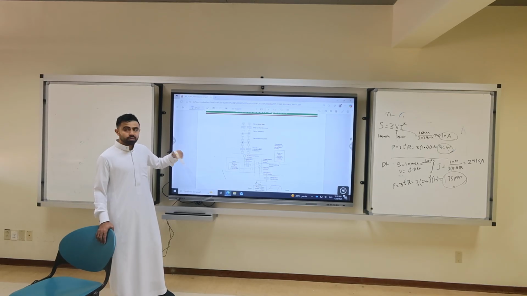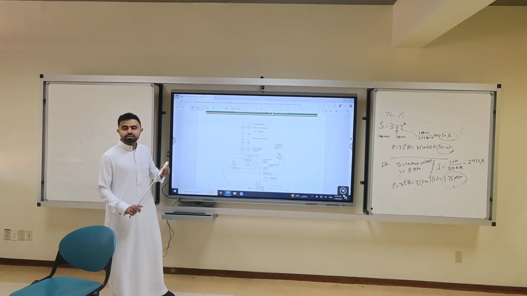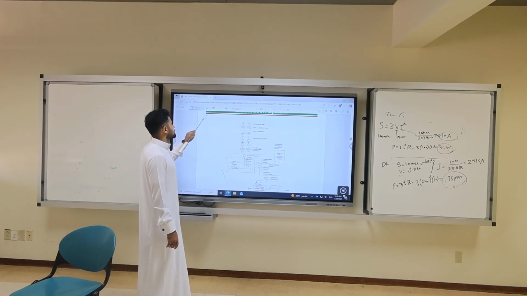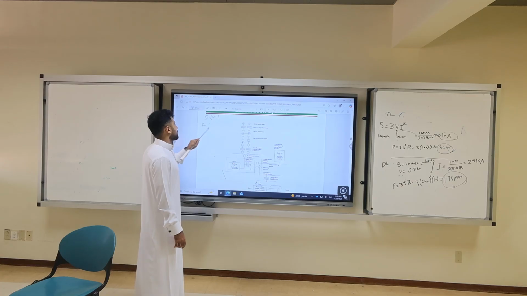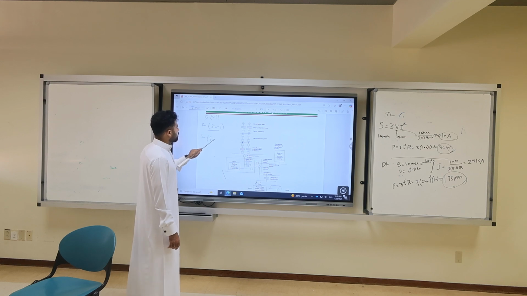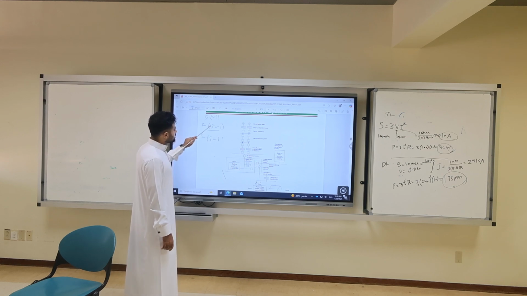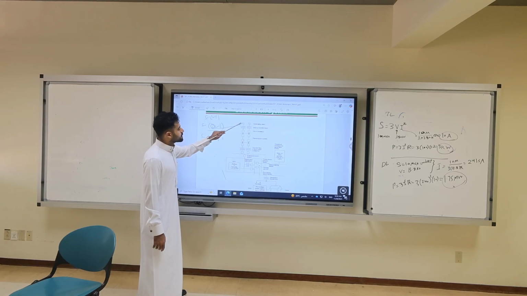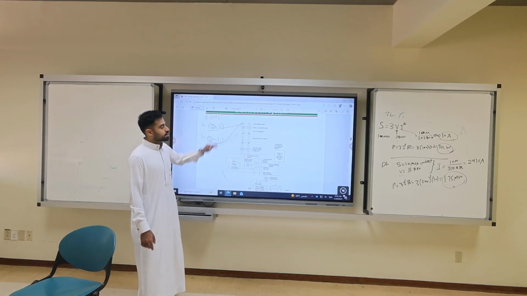Do you remember the harmonics in 207? You have sine omega t, sine 3 omega t, this is the third harmonic, or sine 5 omega t. These third or fifth harmonics would impact the generator.